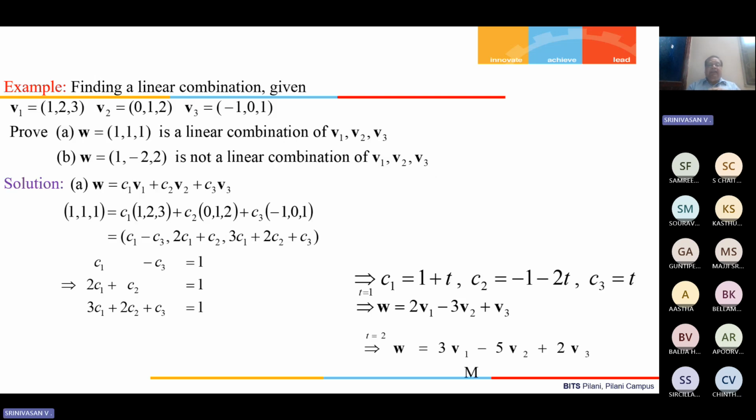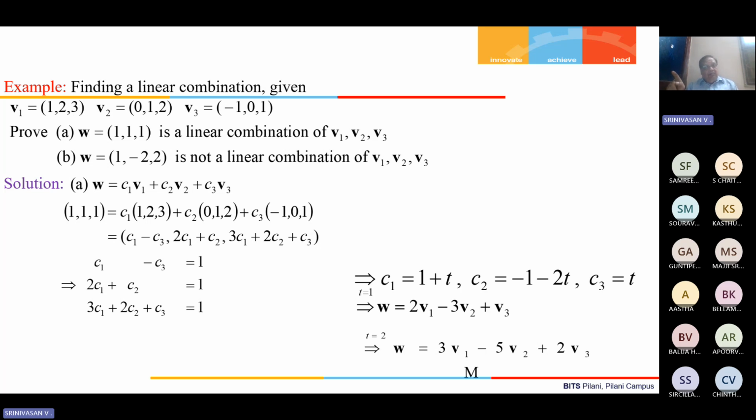Now, finding a linear combination. Given V1, vector 1, 2, 3; V2, vector 0, 1, 2. In fact, it's a row matrix, isn't it? V3 is minus 1, 0, 1. Remember, as you had in the theory, A1, A2, etc., Am, here are V1, V2, V3.